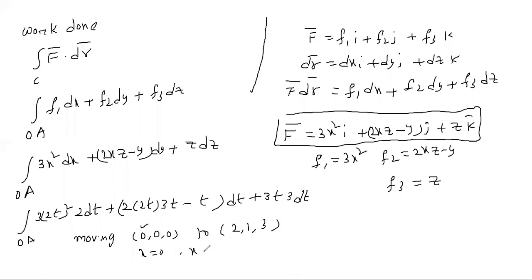What is the x value? 2t, which implies x equal to 2 into 0. What is x equal to? 0. Next x value, what is the x value here? 2. X equal to 2.